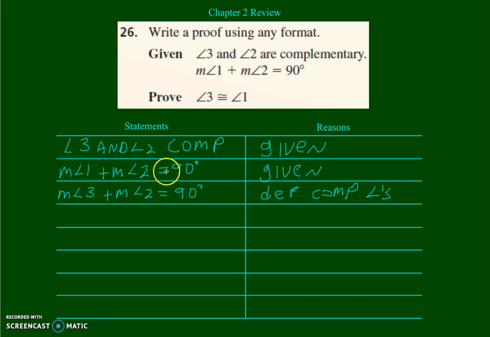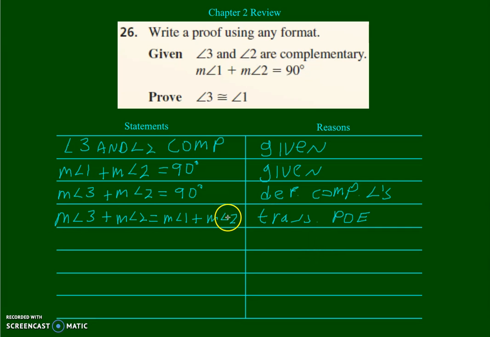This matches the pattern of the transitive property of equality, where we have A equals B and B equals C, therefore A equals C. So we're going to go ahead and write the measure of angle 3 plus the measure of angle 2 equals the measure of angle 1 plus the measure of angle 2. And this is transitive property of equality.